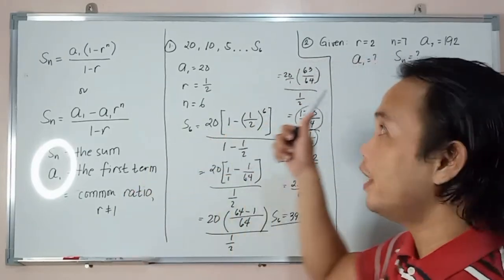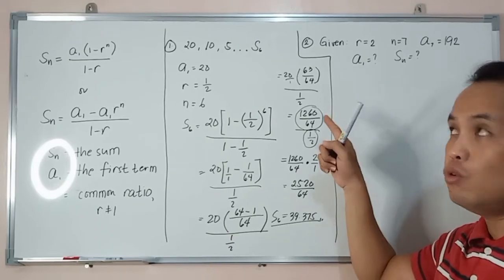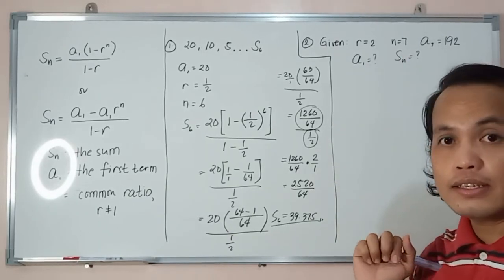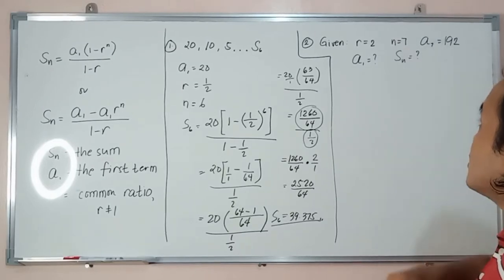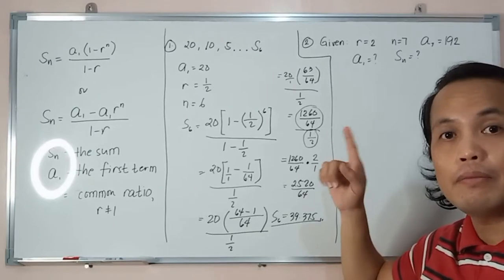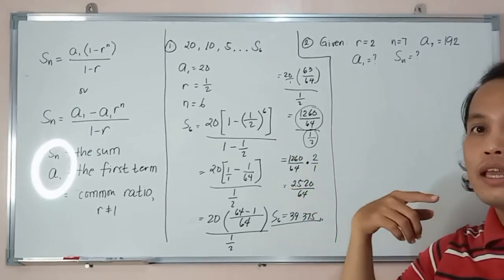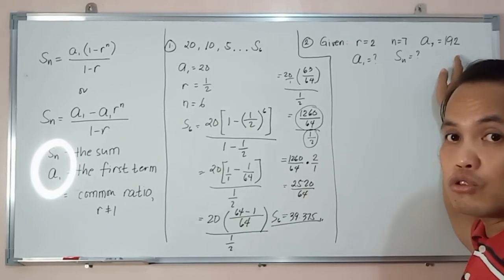For example, we are given our common ratio is equal to 2. Our n is 7. So this is a sub 7, which is the last term. This is supposed to be the a sub n. Since we have the n, that is a sub 7, which is equal to 192.